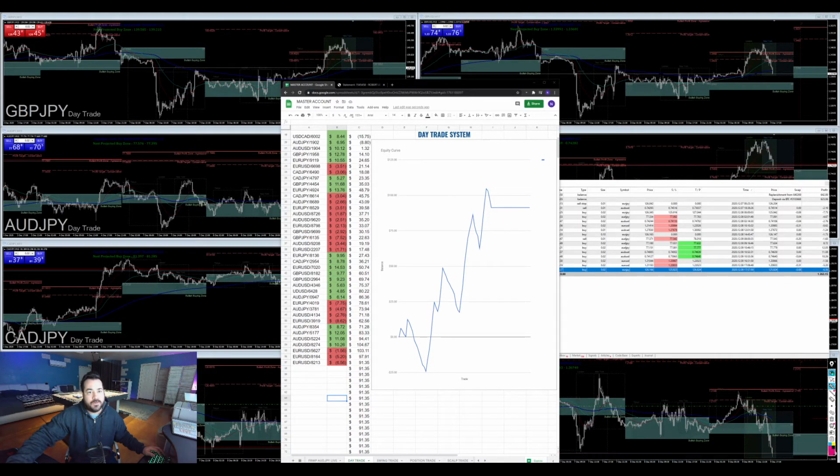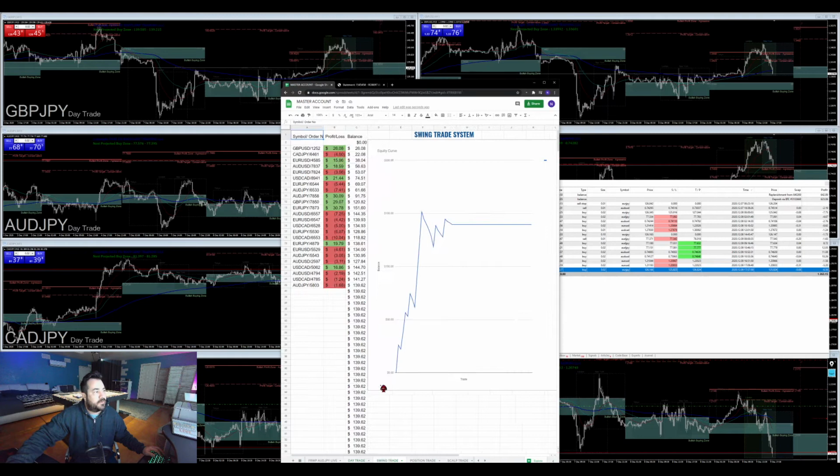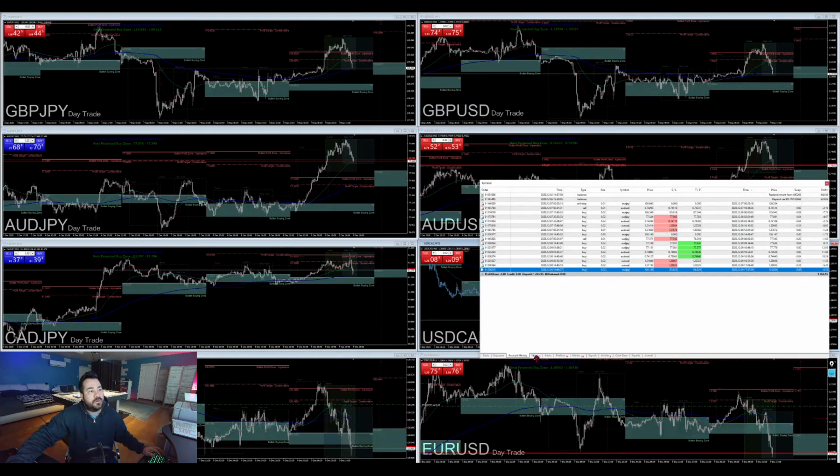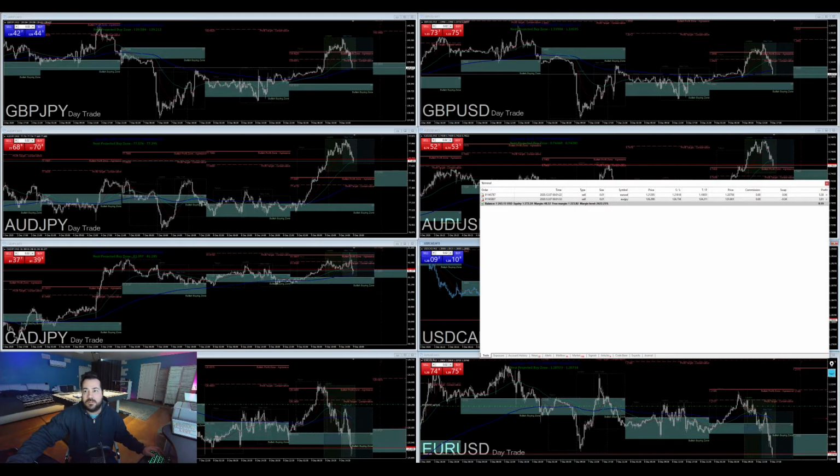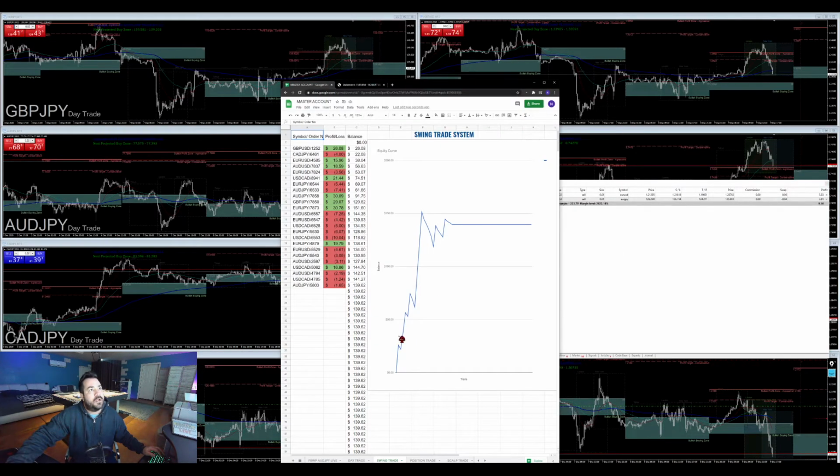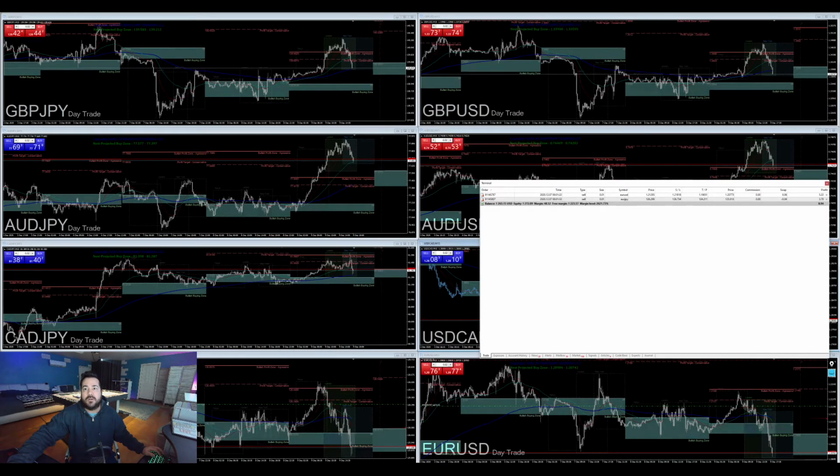And then, as far as my swing trades go, I do have 2 floating right now, which are these guys. These are my Euro USD and Euro Yen shorts. So those are a little bit in profit right now. But let's take a look and we'll see what that looks like on the swing trading chart.